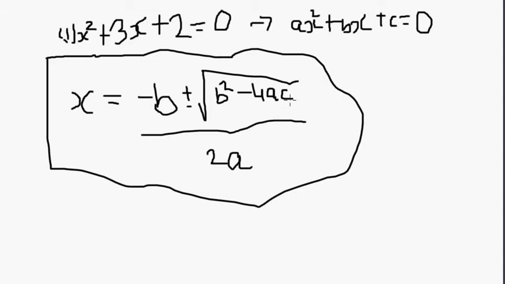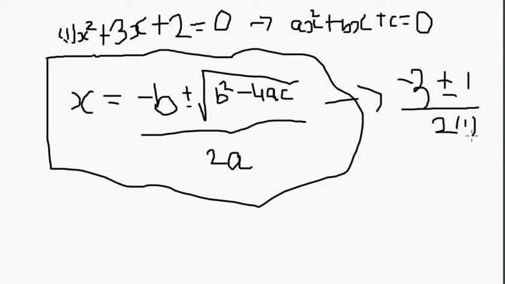So we get something like this: minus 3 plus or minus the root of b squared, 9, minus 4ac, 8, so 9 minus 8 is 1, all divided by 2a, that is 2.